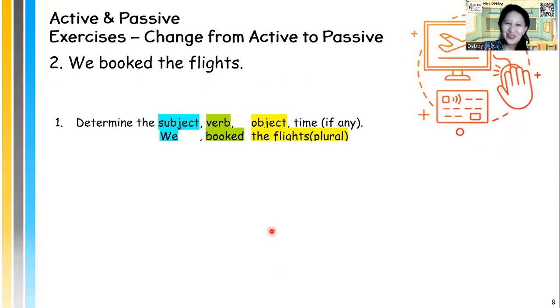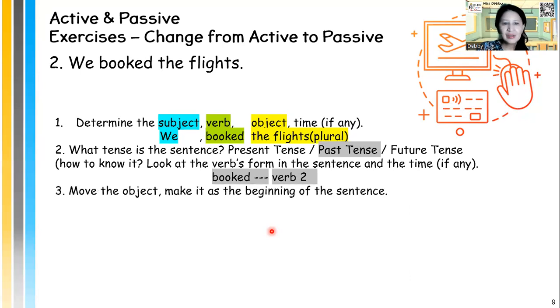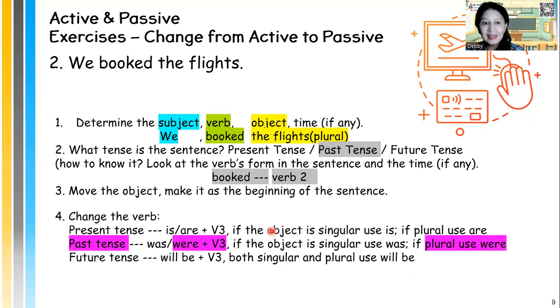Good job. Next, we booked the flights. Okay, again, the subject, we, the verb, booked, and the object, the flights. And then, what tense is this? It's past tense, right? Because of the verb booked. So we move the object, remember? And then change the verb. Yeah, the to be is were because it's plural.